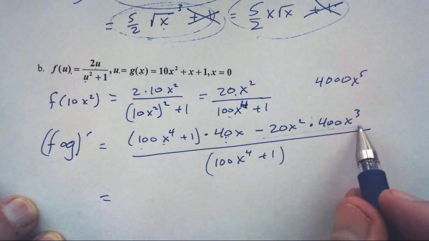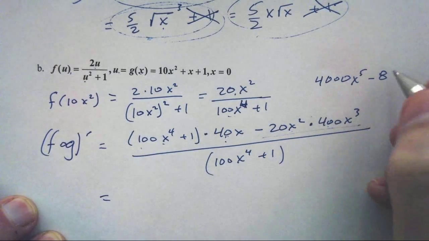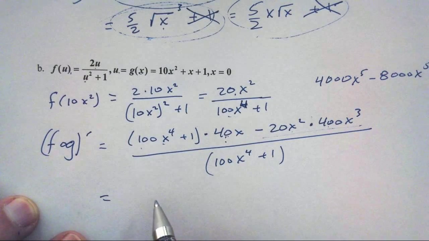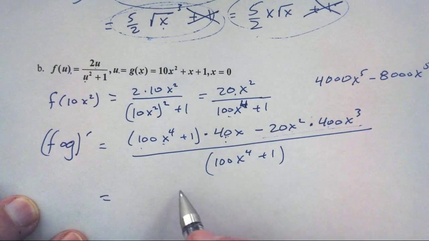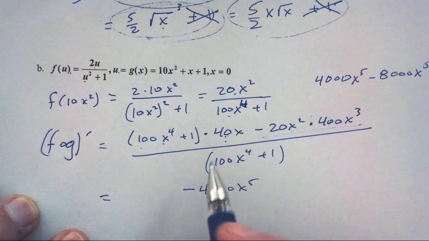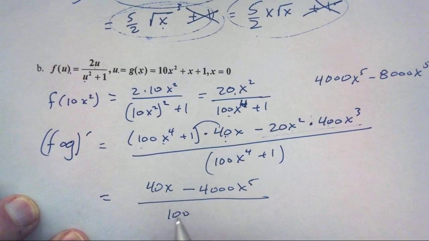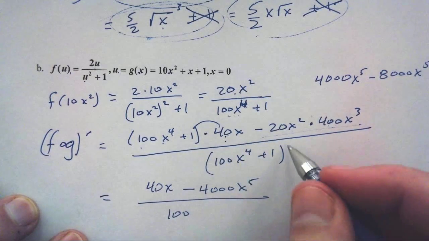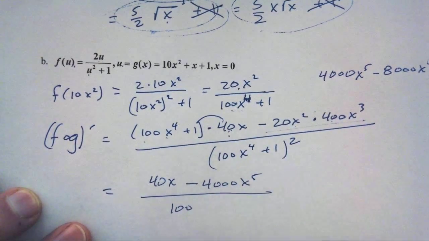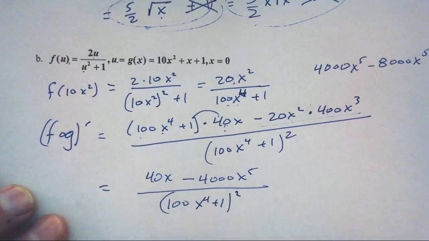And over here I've got minus 2 times 4, 8 with 3 zeros, x to the 5ths, for a total of negative 4,000 x to the 5th, but I also have a plus 40x here, all on the square of the thing below. So this is 100x to the 4th plus 1 squared.